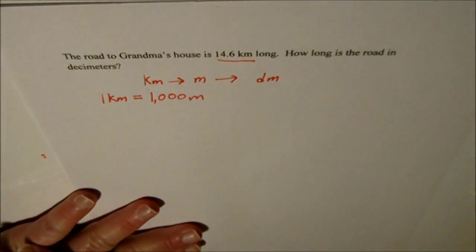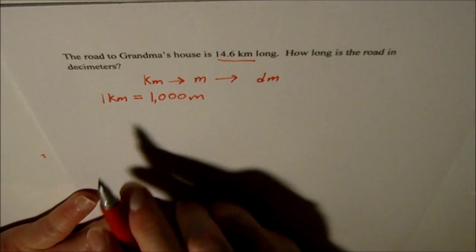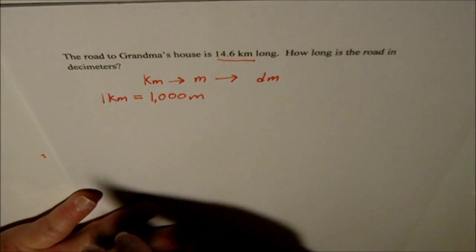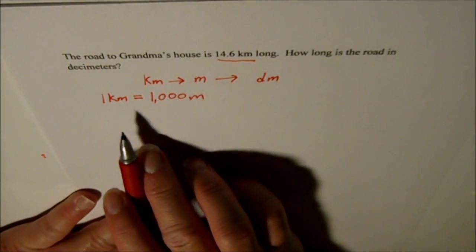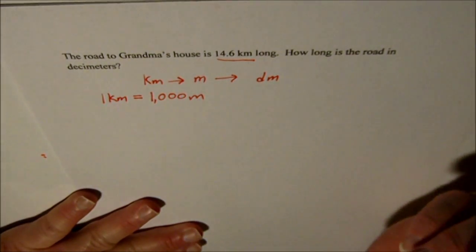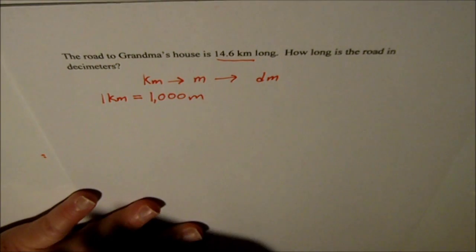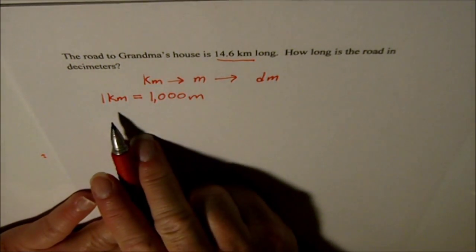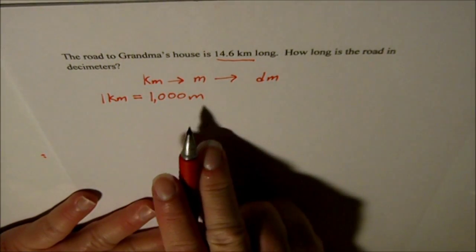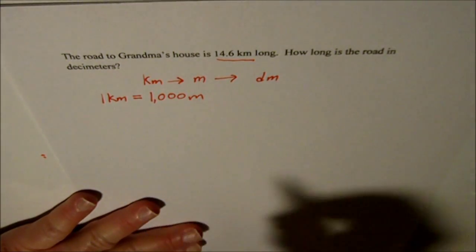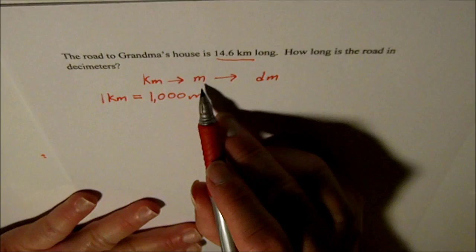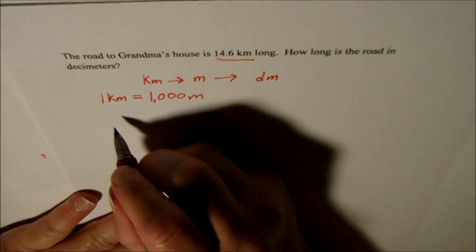Now this one's easy to get confused because many times I've seen students say 1,000 kilometers is 1 meter. So make sure that you understand that a kilometer is larger than a meter and therefore is a large set of meters.